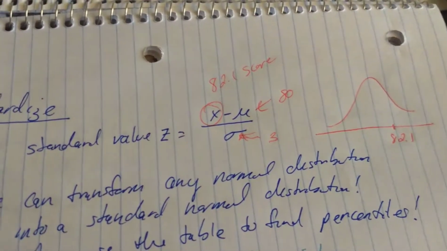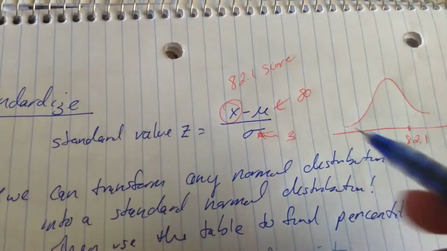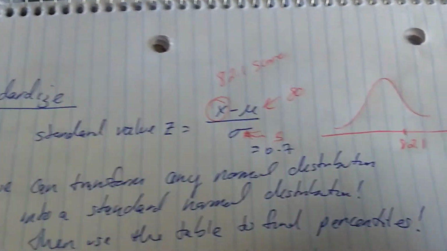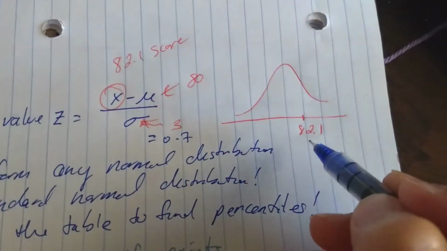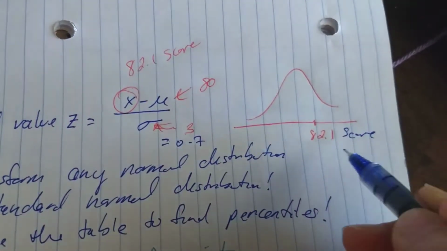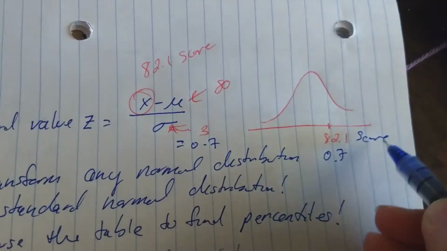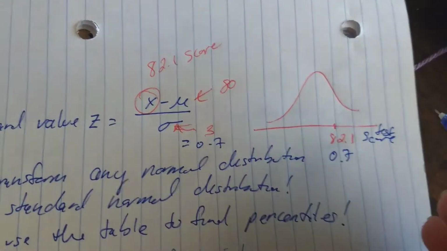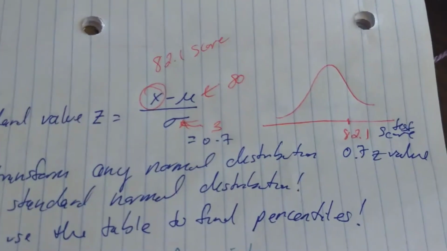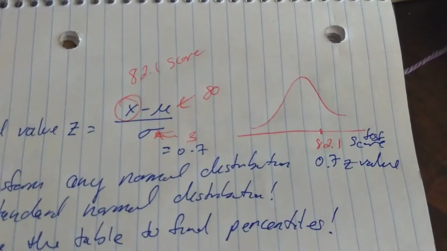All right, if I do this calculation with the numbers I plugged in here, I get out 0.7, which means on this curve, the test score of 82.1 is equal to the z-score, I probably shouldn't have used the word score, so this is the z-value or z-score of 0.7.